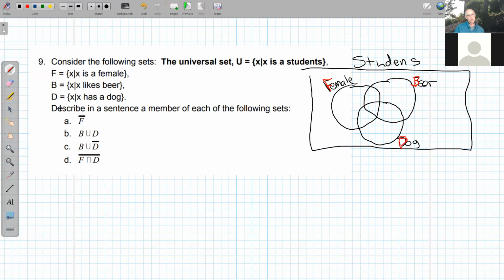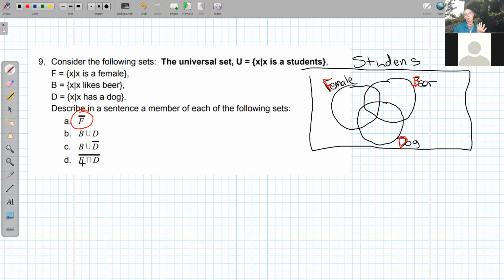All right, so then we want to describe who is in the set, a member of the set, F with a bar over it. Anybody remember what the bar over it means? Not inside F?